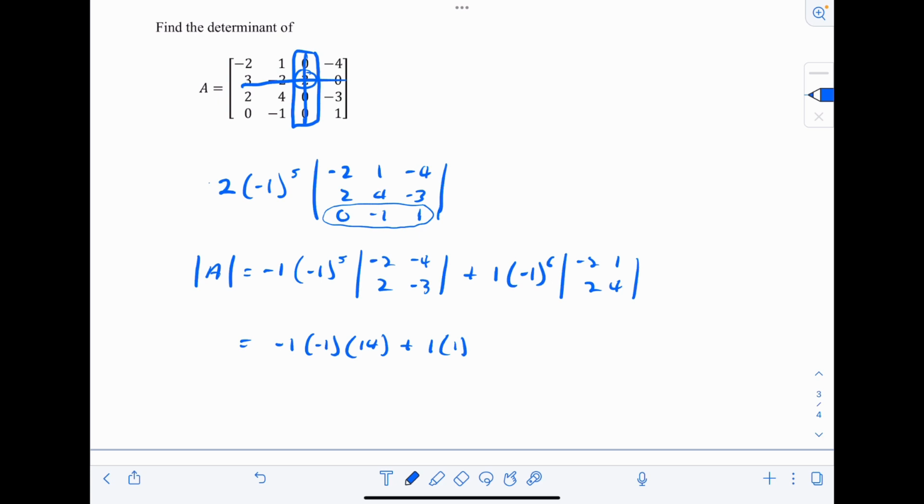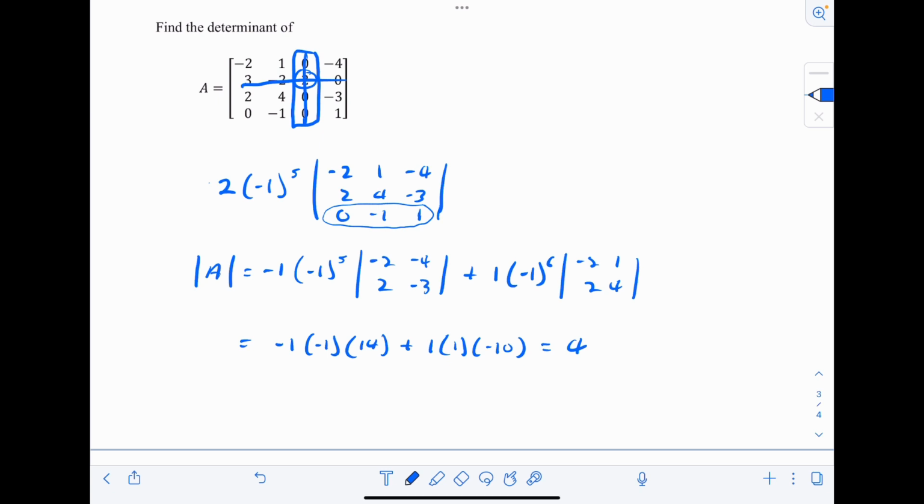Obviously, we don't need to write those ones. And then times the determinant of -8 minus 2, which is -10. So that gives us positive 14 minus 10, which is 4.